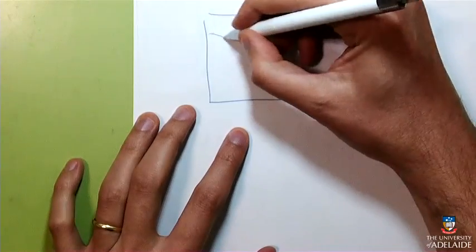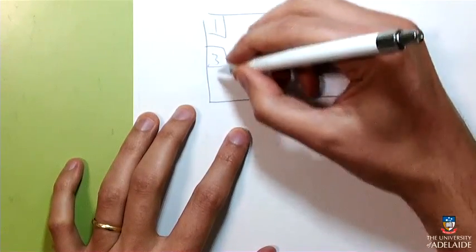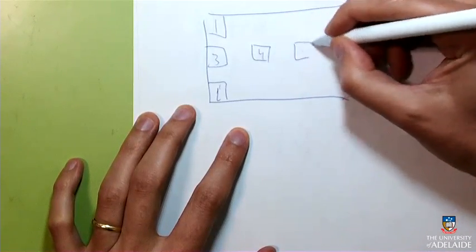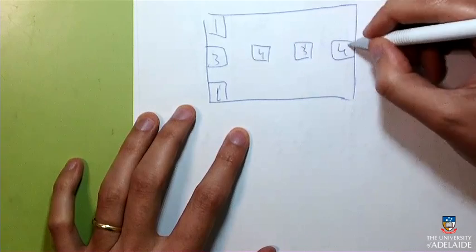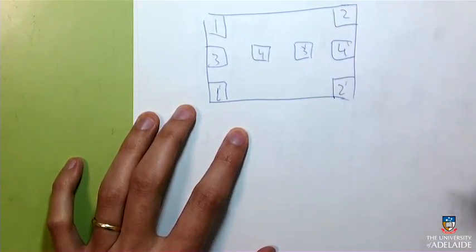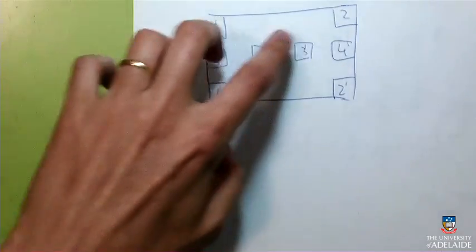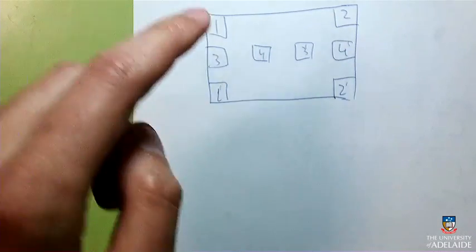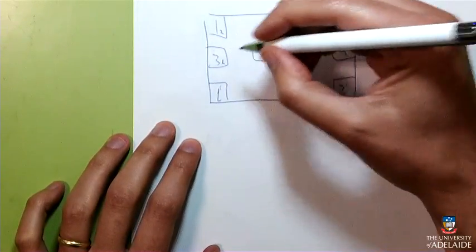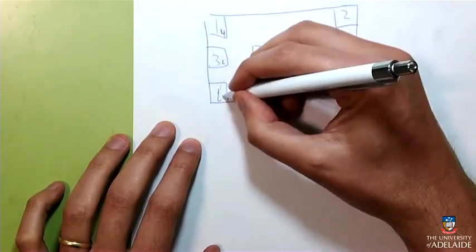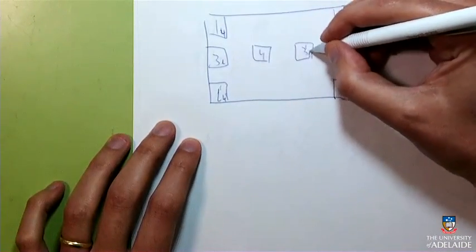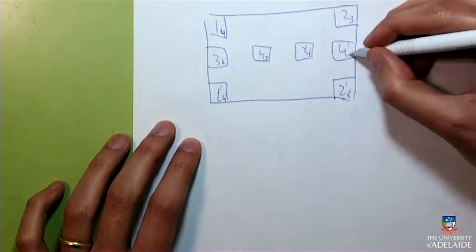So there's actually a way to do it. But the easiest way to think about this problem is to relabel these. So imagine now that 1 becomes 4, 2 becomes 3, 3 becomes 1, and 4 becomes 2.